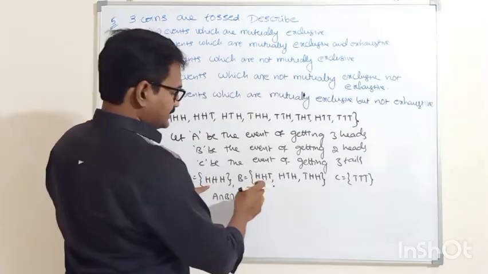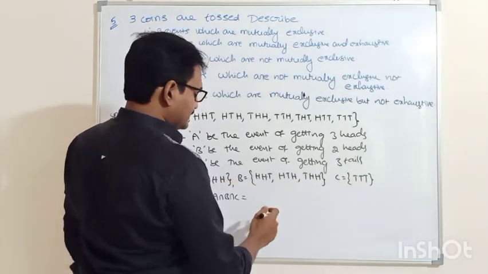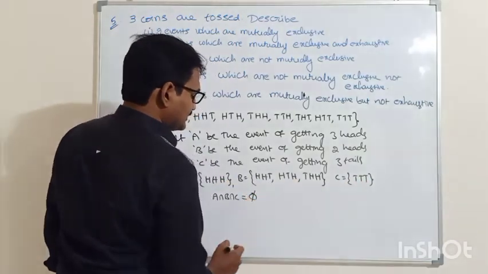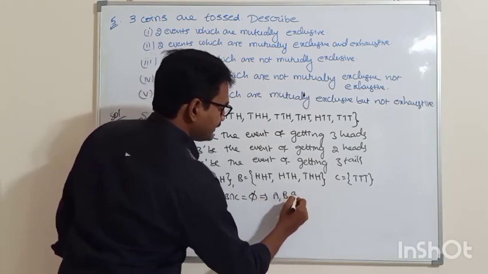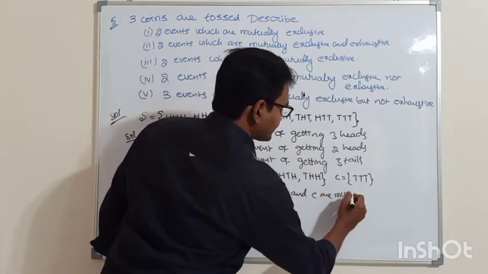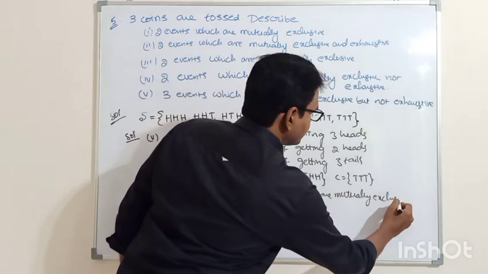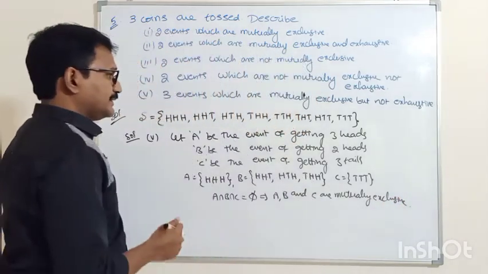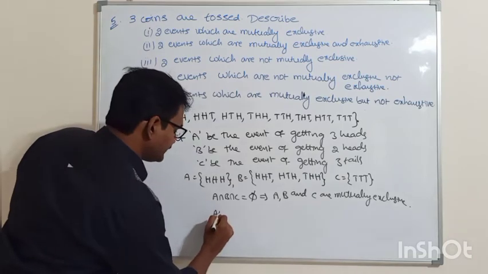Here triple H is there, here triple H is not there. Here triple T is there, here triple T is not there. So the answer is null set. Therefore A, B and C are mutually exclusive.